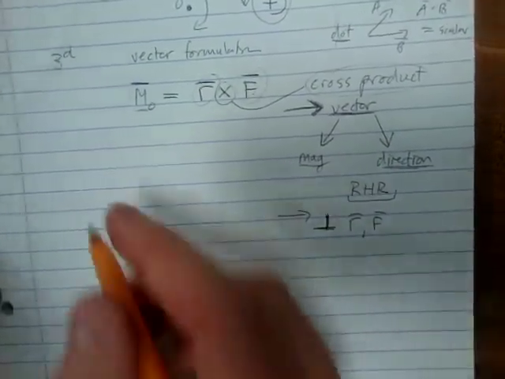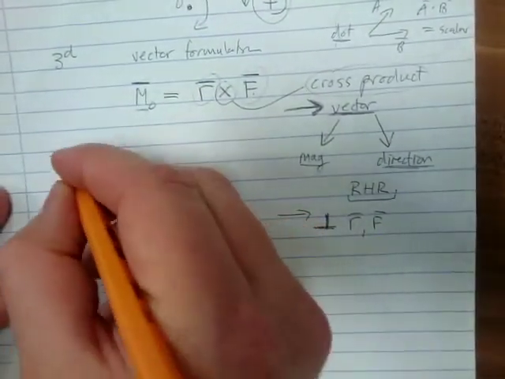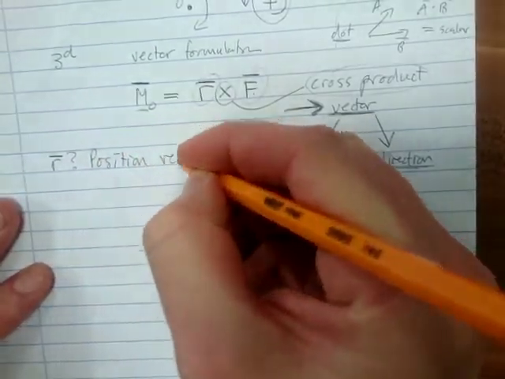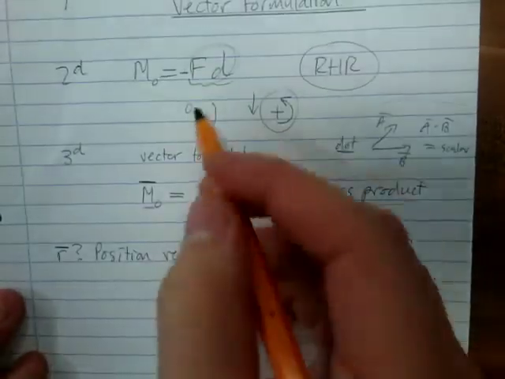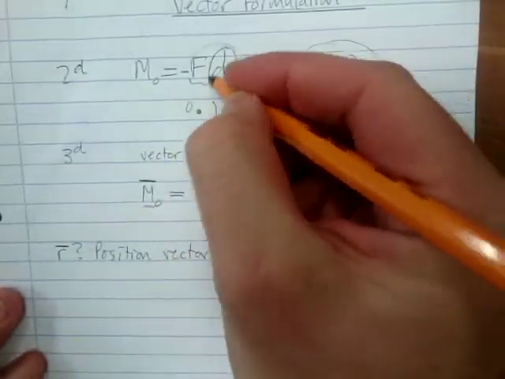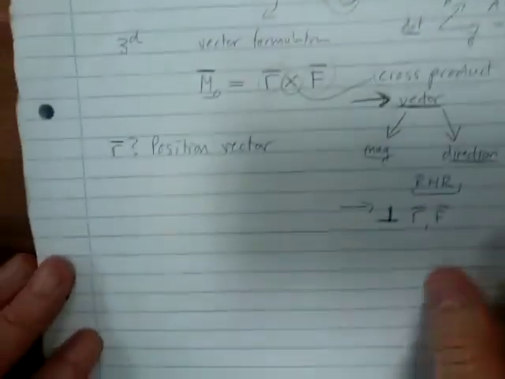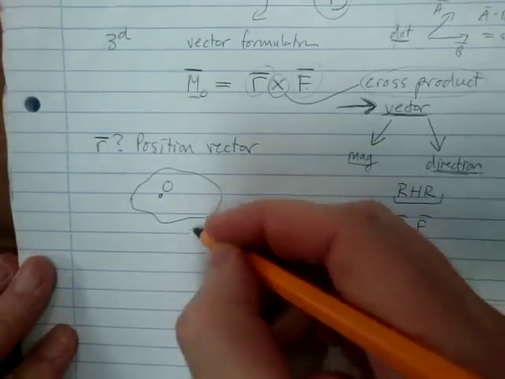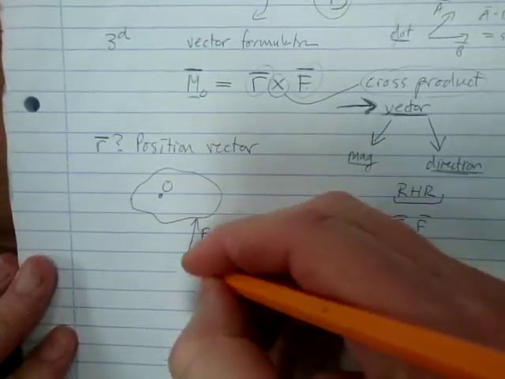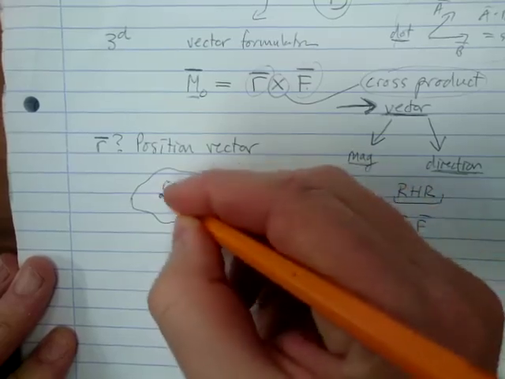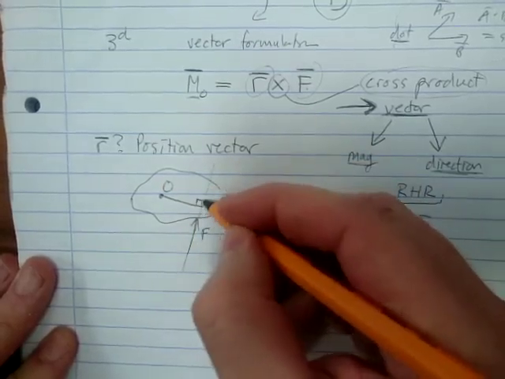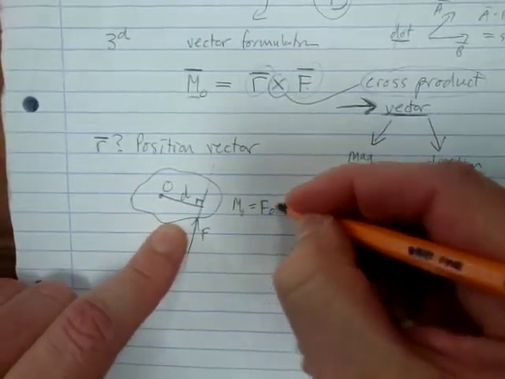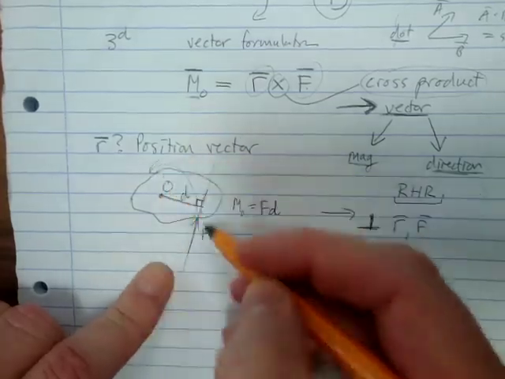Okay. So now, what is R? R is a position vector. Remember that in two-dimensional space we had a force and a distance, D. So in two-dimensional space, if there was my O and there's my force F, I drew the line of action like that, and I calculated a perpendicular distance, and that was my D. My magnitude was FD, and then was that going anti-clockwise or clockwise?